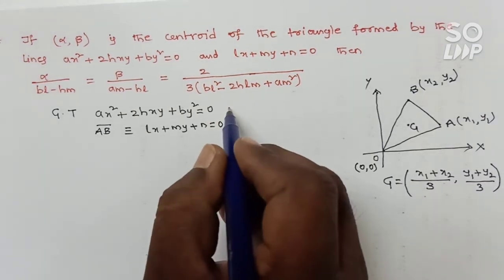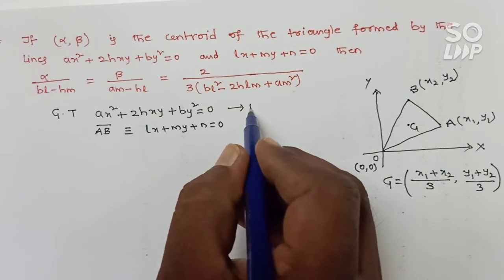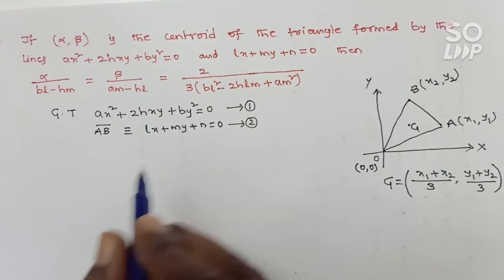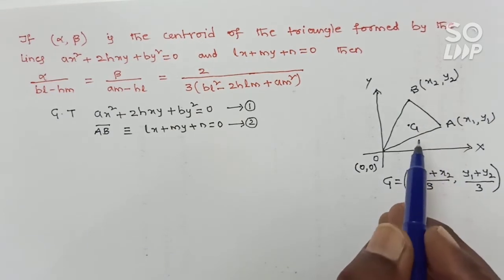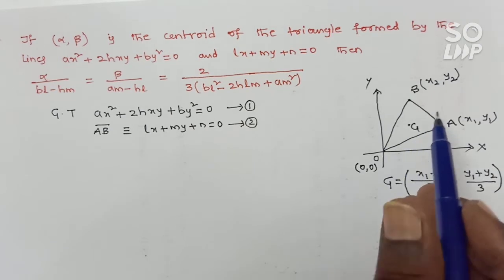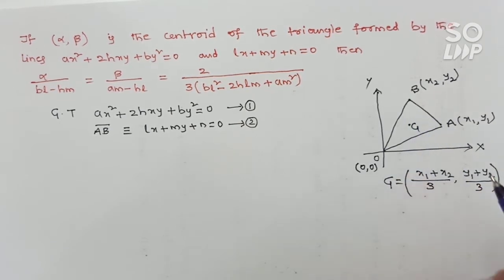See, look at this. This is equation 1 and this is equation 2. Now here very clearly OA and OB are intersected by the line AB.